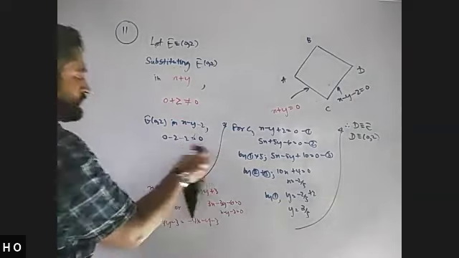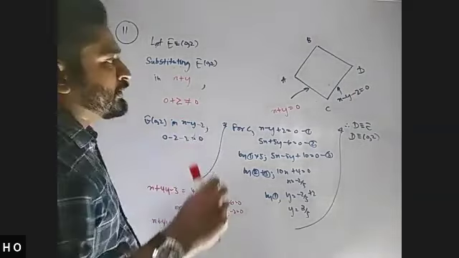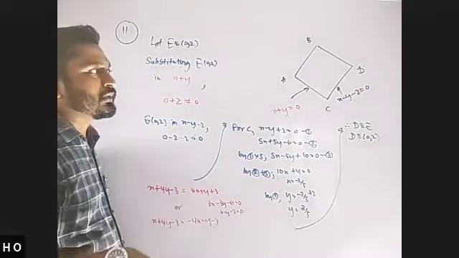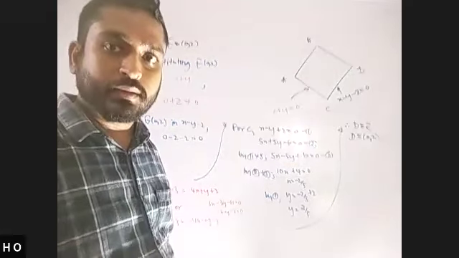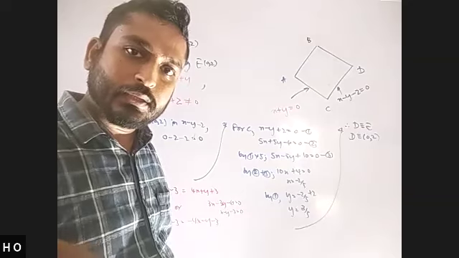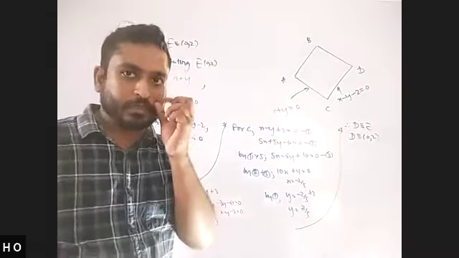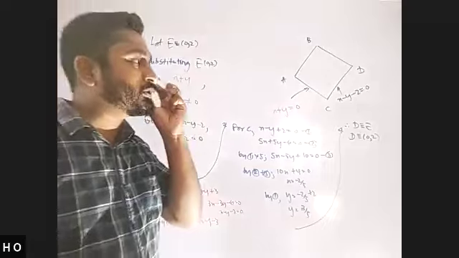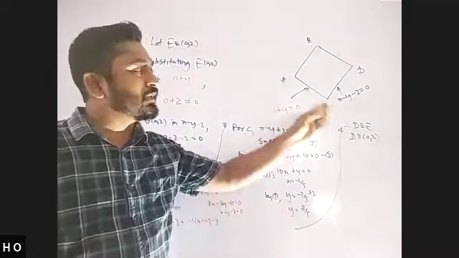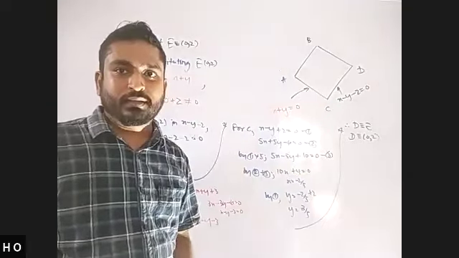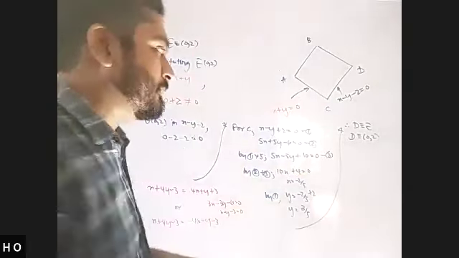So the point is neither on AC nor on CD. Neither on AC nor on CD means not A, not C, not D, but it is B. It is going to be B.